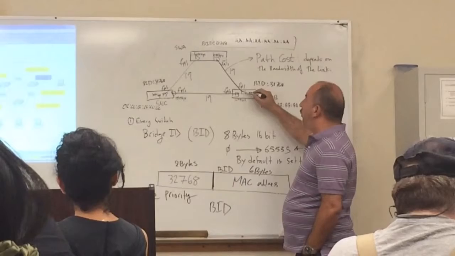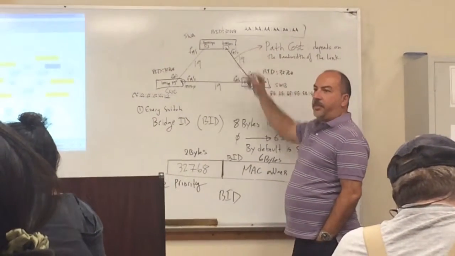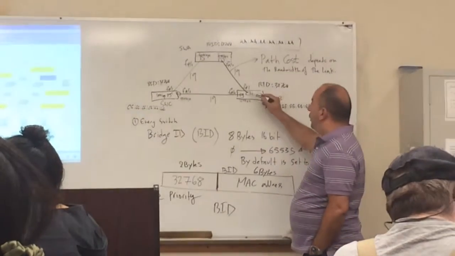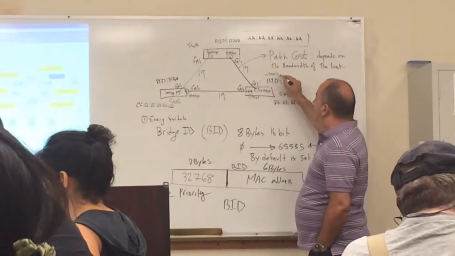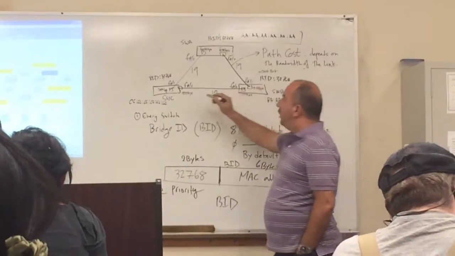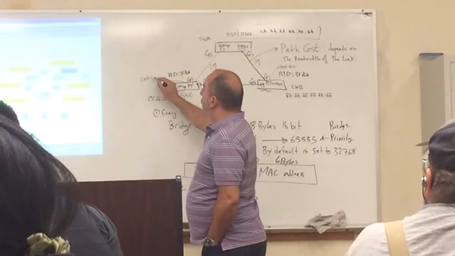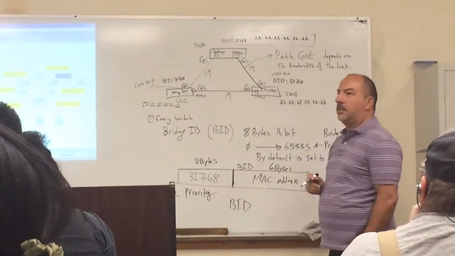Okay, and you must have one root port, only one root port per segment. So right now this is the root port, and this one here is a root port. You mean by distance?